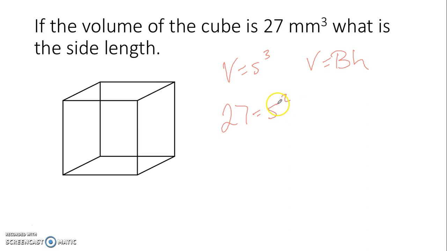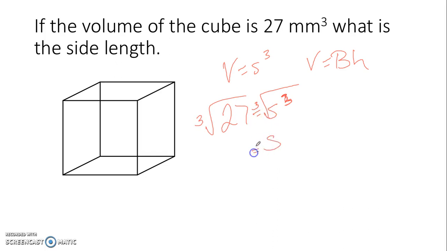Okay, so now we are going to solve this equation. How do we solve for this? Well, now instead of the square root we've seen before, we're going to do the cube root, which is how you undo the cube.